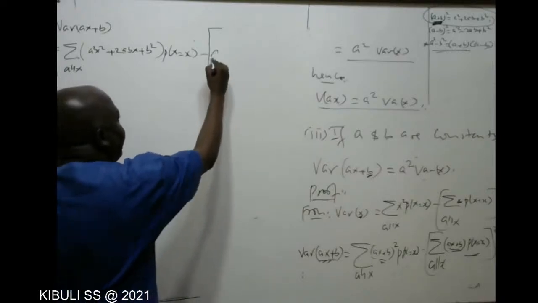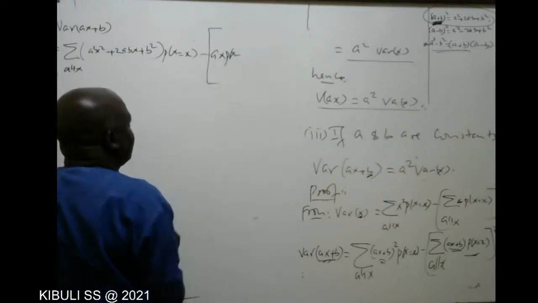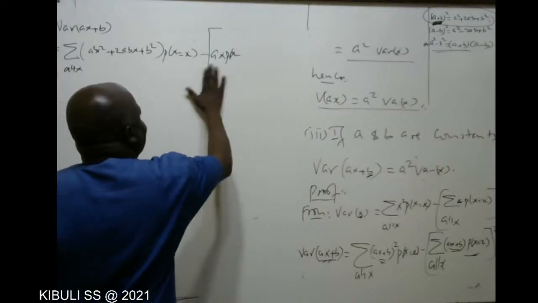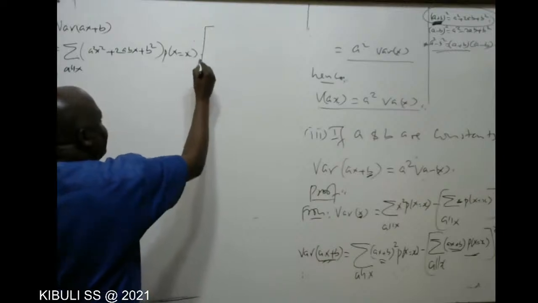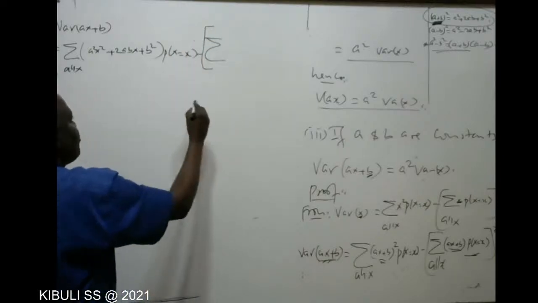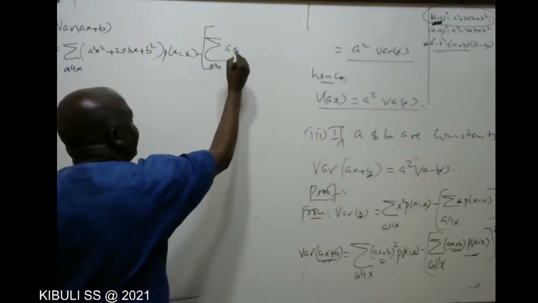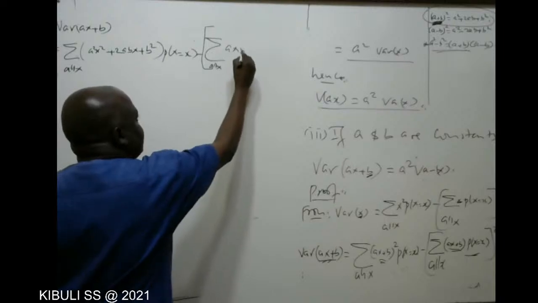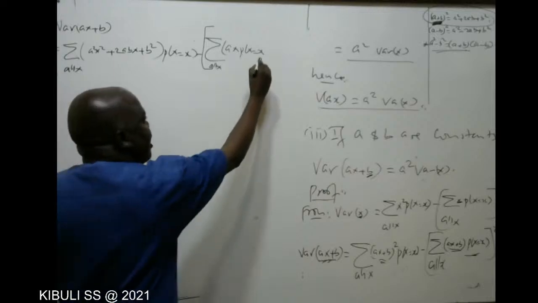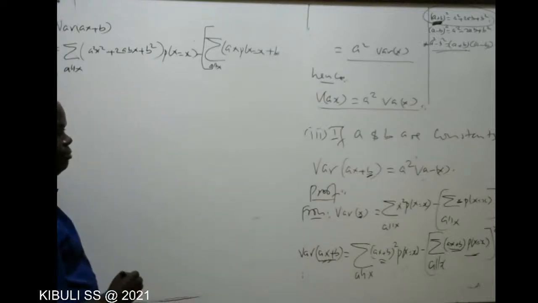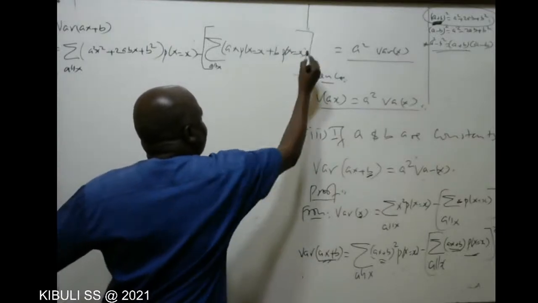We shall have AX probability of X. Let's keep the sum sign there. So we shall have that sum of all of X, AX probability of X is equal to X, that one there. Then plus B probability of X is equal to X. This one is going to be squared.